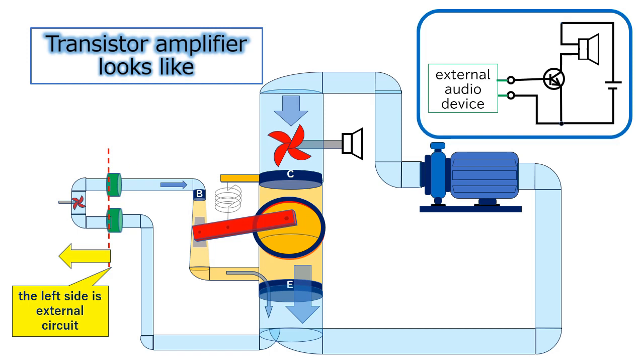The signal coming in from there goes into the base of the transistor. As the input signal gets louder and quieter, the valve opens or closes, causing the same signal strength change in the large current coming from the power supply at the collector.